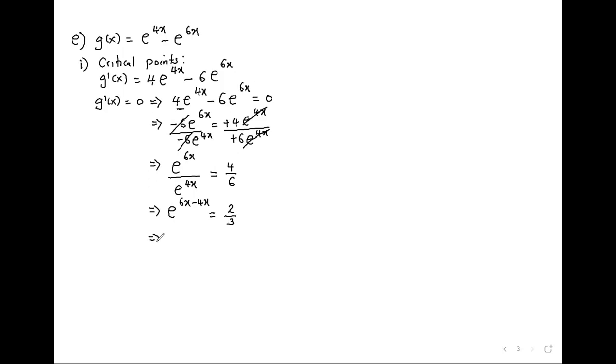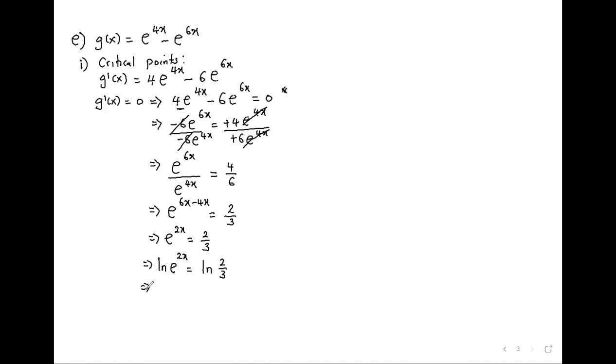And this is just e to the power 2x is equal to 2 over 3. So from here, we are solving the exponential equation. How do we find the values of x? You apply ln both sides.